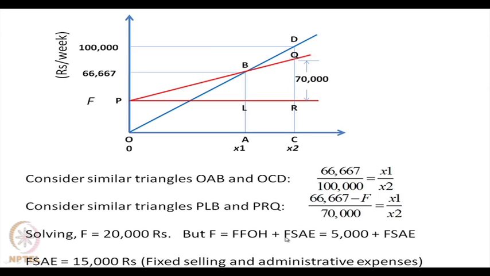Therefore, fixed selling and administrative expense is nothing but 20,000 minus 5,000, which is equal to rupees 15,000, and this is the fixed selling and administrative expense. So, you can see from this example that various costs are related and one can solve for them in this manner.